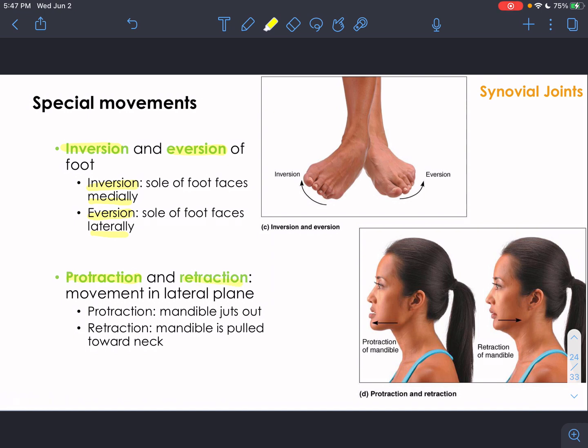Protraction and retraction are movements that happen in the lateral plane, which again is kind of special because you can't do that in many areas of the body. Protraction, an example of that is your mandible jutting forward anteriorly. Retraction is when your mandible is pulled back. Okay, so more posterior. Protraction, out. Retraction, in.